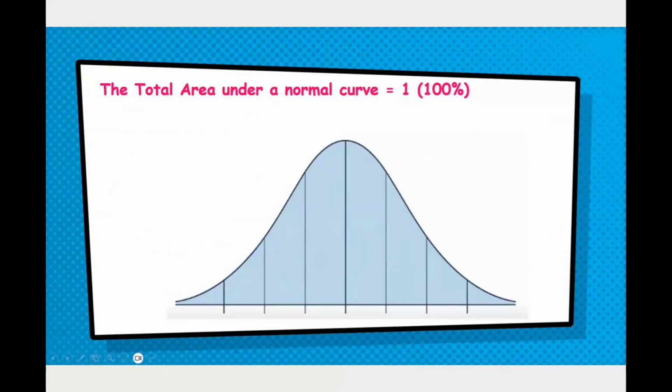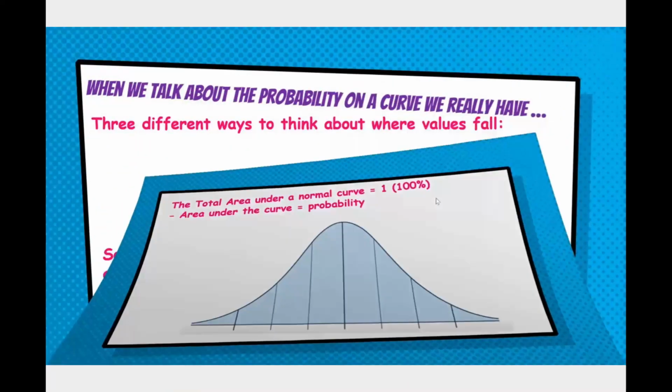So we're going to be doing what we did yesterday, but we're going to be adding to it. And here's an entire curve. We need to understand that if the entire curve is shaded, when we talk about proportion, this is the whole thing, right? So the total area under the curve would be 100%, which tells us the area under the curve is probability, if we can say it that way.